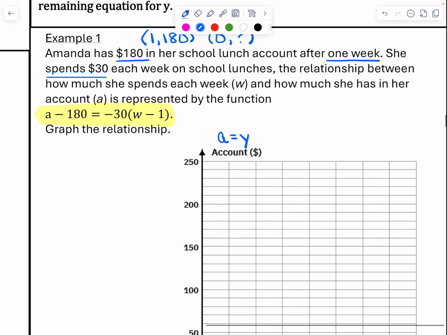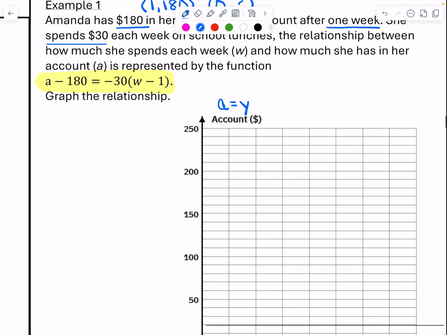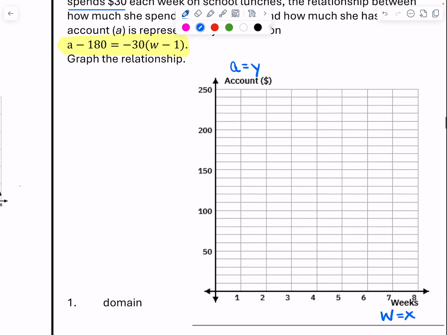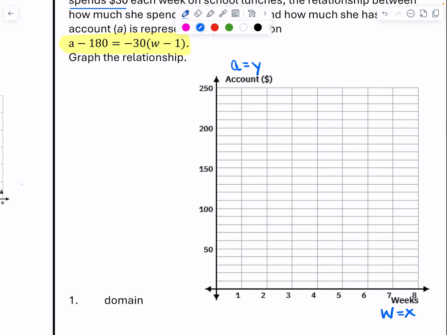All right. The next thing, I look at this table and they're talking about A and W. So if A is equivalent to Y and W is equivalent to X, it's okay to change the values in the equation when we're starting out, because sometimes I find that variable change is causing some confusion.